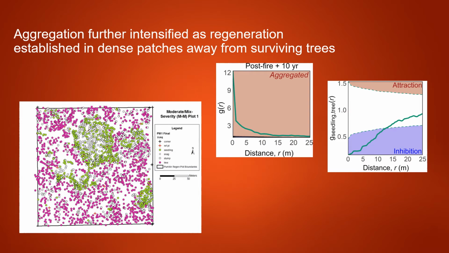So you see a strong aggregation of the regeneration and a strong inhibition from the surviving trees, or at greater distances, total randomness. So this shows that the seedlings established away from the surviving trees.